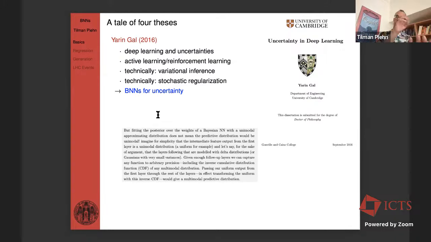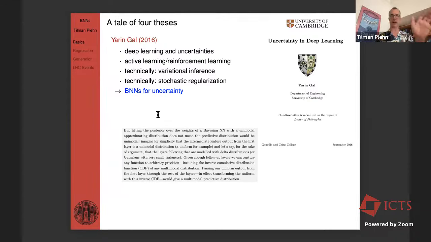The same way that we are allowed to approximate with ReLU or whatever ReLU-like nonlinear function for the activation function without having a huge impact on the expressivity of a deep network, the same way we can use independent Gaussians, which are super fast to sample, to express the uncertainties. We will have to check this, but I just want to advertise that this is already described in Yarin's thesis.